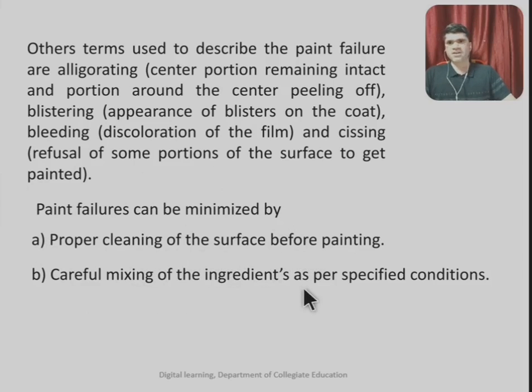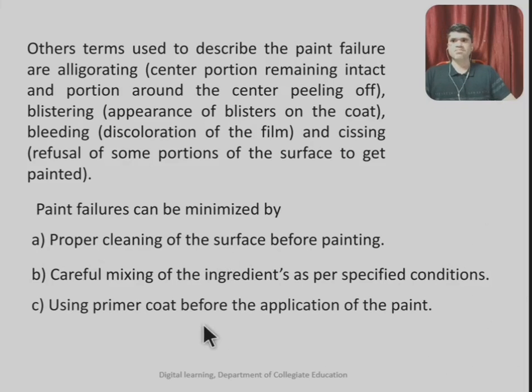Careful mixing of ingredients as per specified condition. So here thinners and all must be mixed in proper proportion. Even if you add more thinner, paint will become dilute, pigment will become dilute. Using primer coat before application of paint. So applying primer and then applying paint is one of the methods for minimizing paint failure.